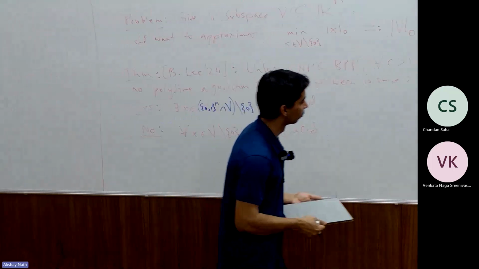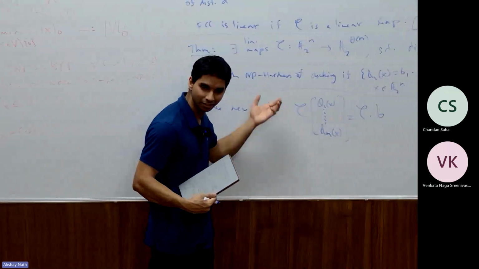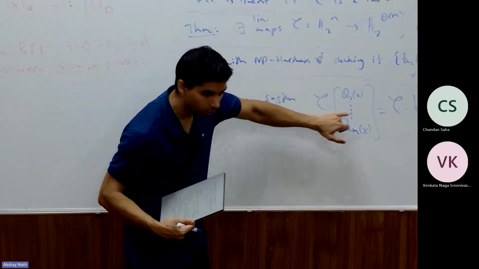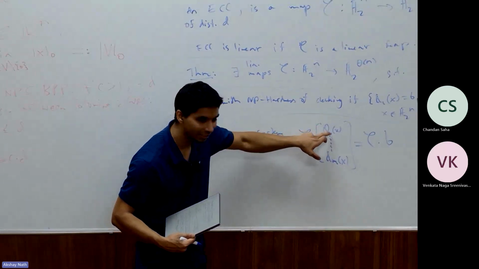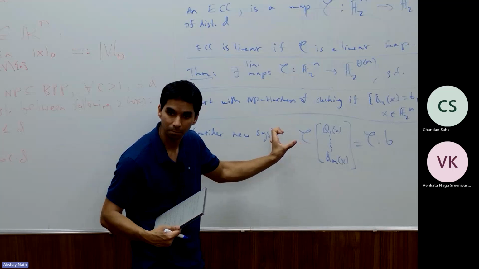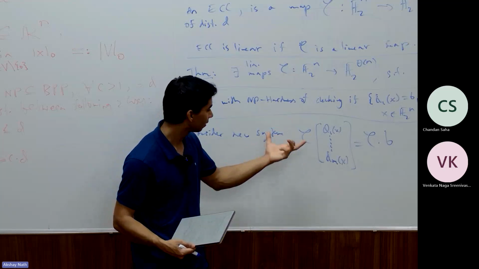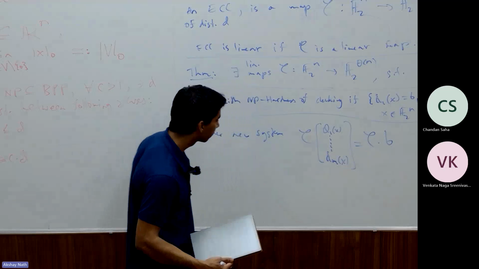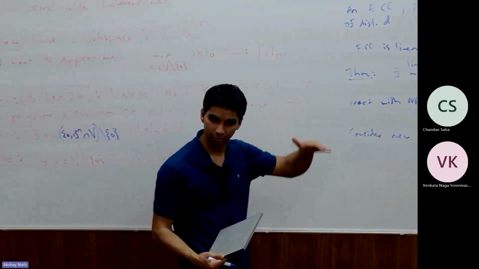Think of C as a matrix. It has entries in its rows. The first row of this product is C11 q1 of x, C12 q2 of x, and so on. You sum them up, you get some new quadratic that must equal the corresponding summation of the bi's. And you get a system of new quadratics like this.